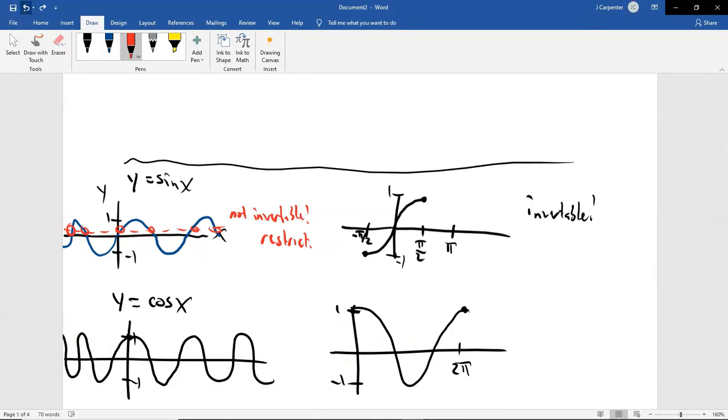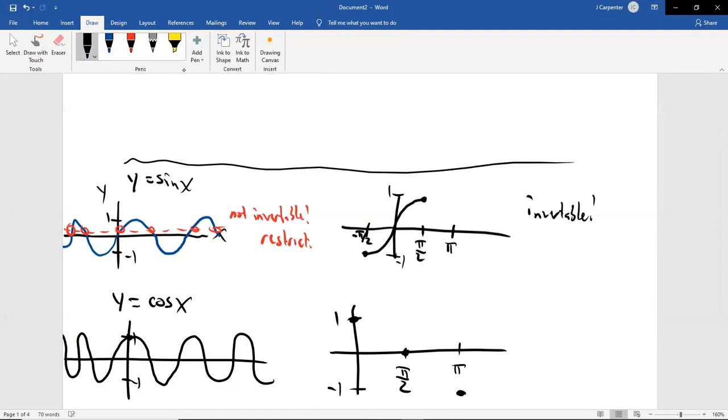So instead of going from 0 to 2 pi, what if you chopped off everything over here? Would that be good enough? Well, I don't see anything that looks like it would fail the horizontal line test, so let's try that. Let's just go from 0 to pi. So that's now going to be a pi over here. You can put pi over 2 up here if you like. Cosine starts at a height of 1 here, and by pi over 2 it's going to be here.